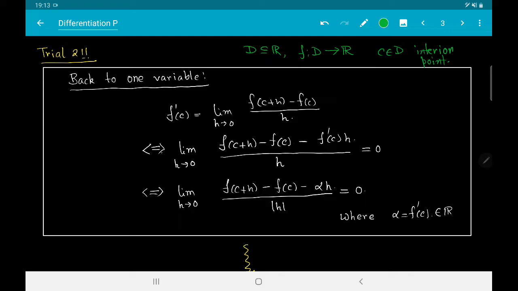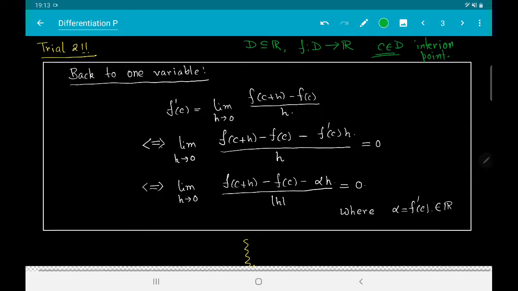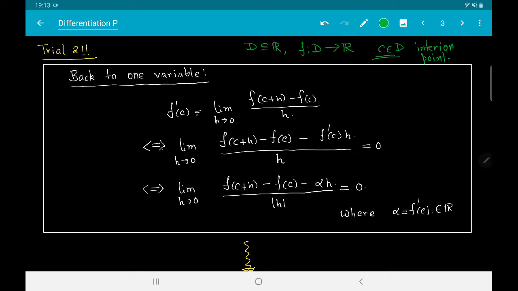So suppose that f is differentiable at the point c. Then we had f prime c, that by definition is the limit as h tends to 0 of f of c plus h minus f of c divided by h. What we can do is write f prime c as the limit as h tending to 0 of h times f prime c divided by h.